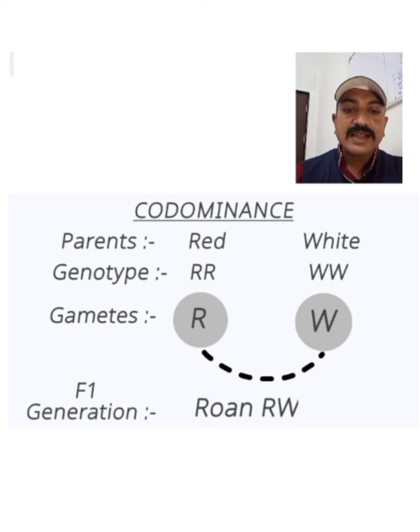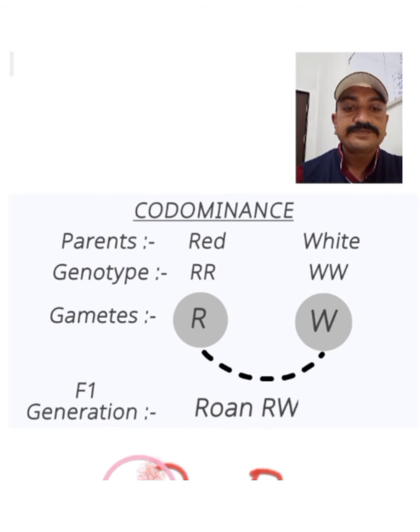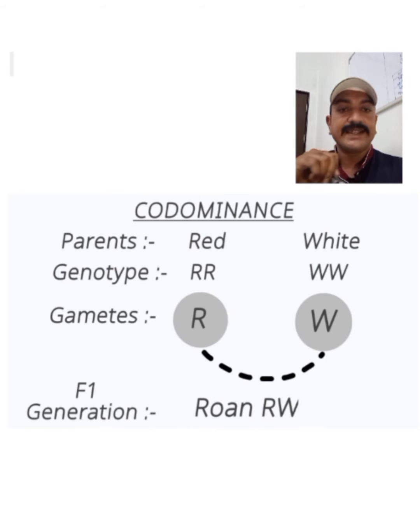The capital R gene is responsible for the red color, and the capital W gene is responsible for the white character.